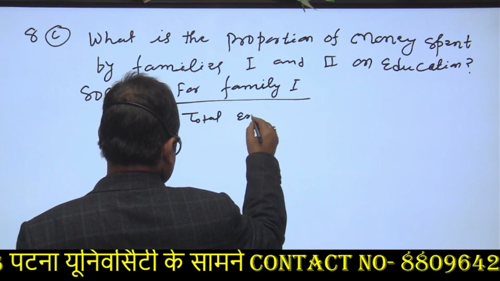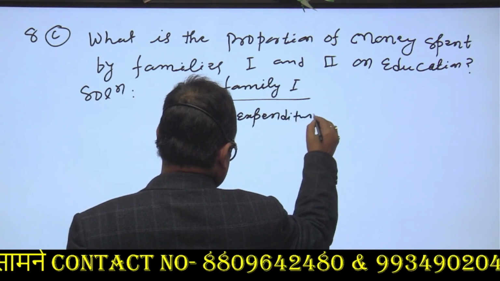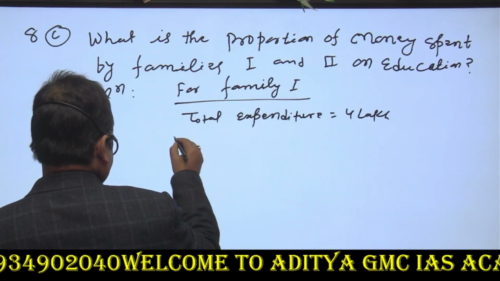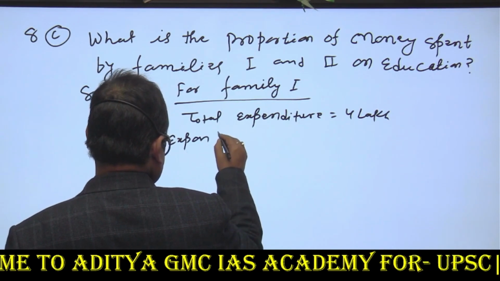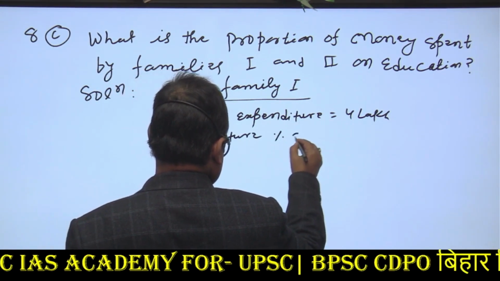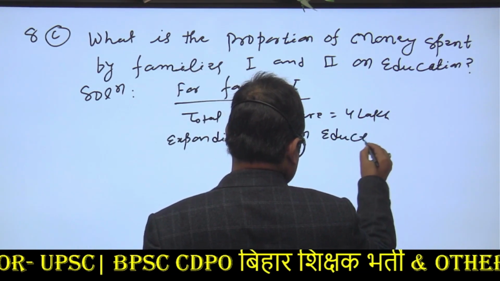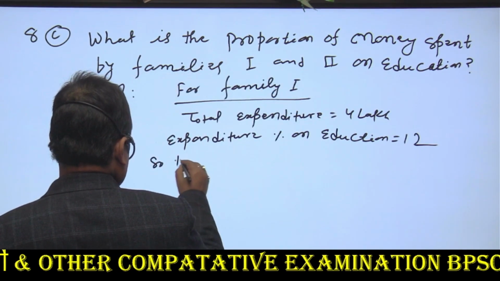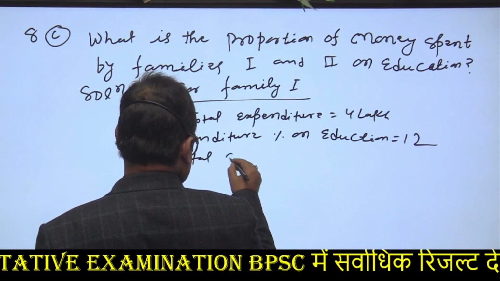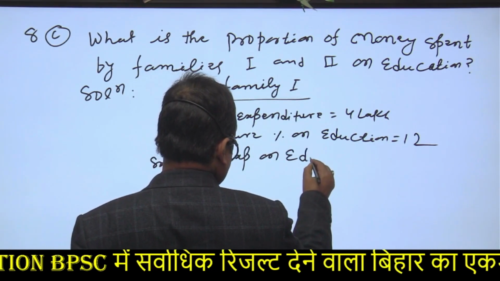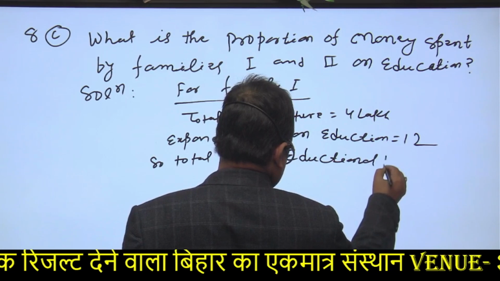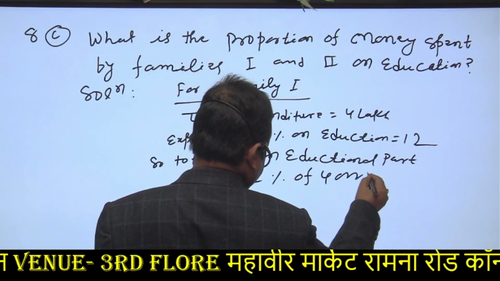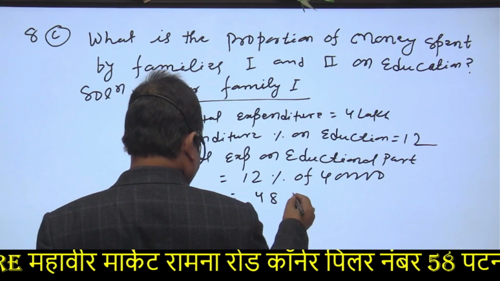Total expenditure, now it is clear that it is 4 lakh. Expenditure percent on education equals 12%. So total expenditure on educational part or item equals 12% of 4 lakhs equals 4800.